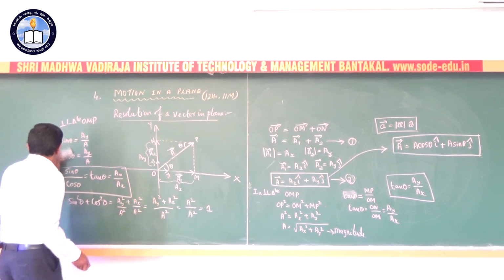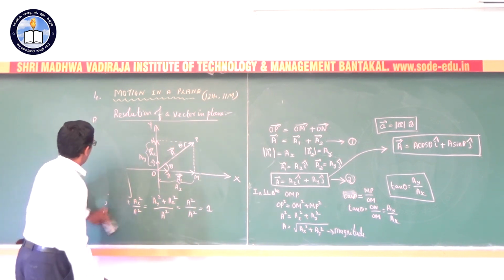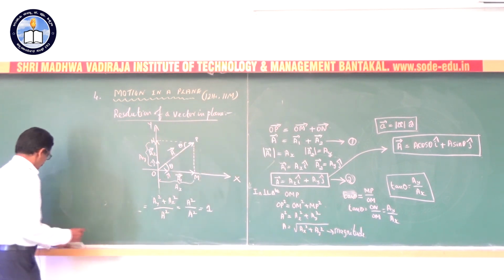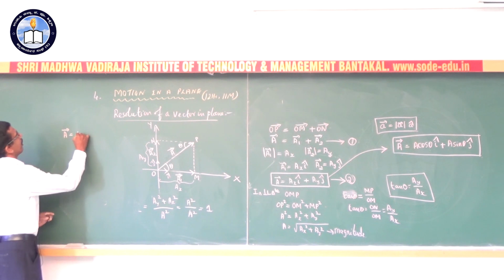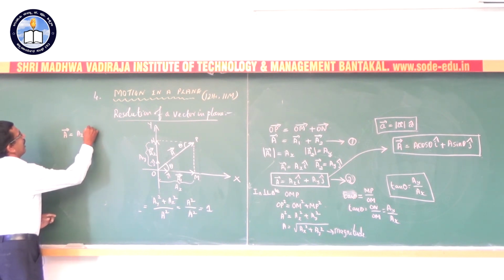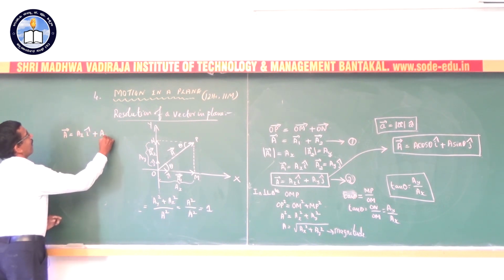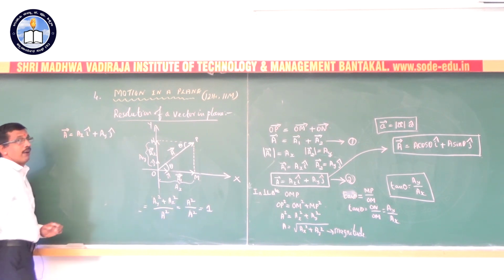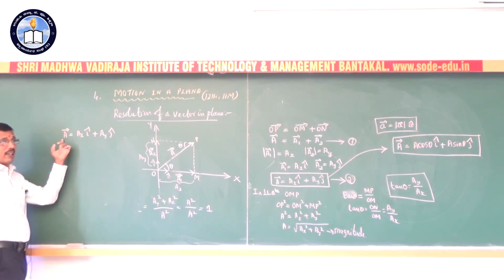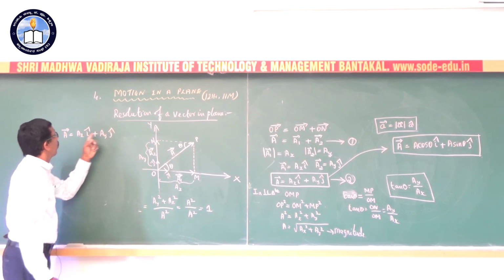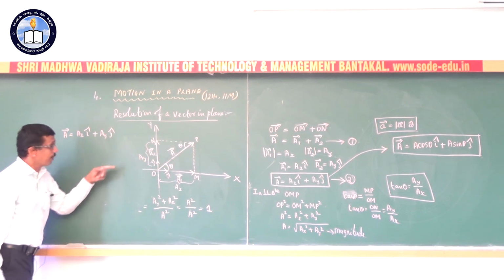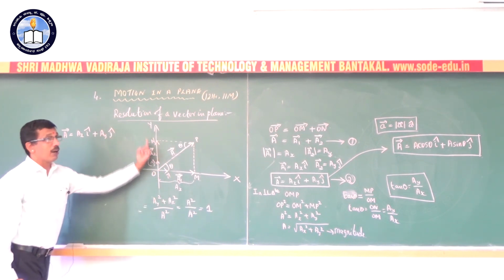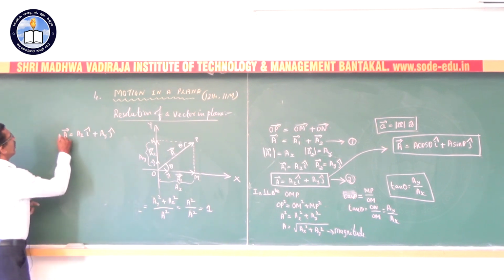So in two dimensions, the vector is represented as AX into I cap plus AY into j cap, where the vector is represented as a linear combination of two unit vectors. One is along the positive x direction, the other is along the positive y direction.